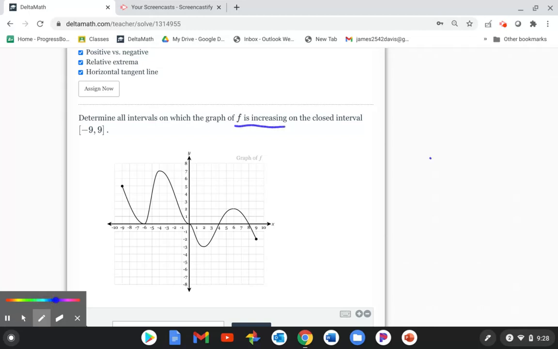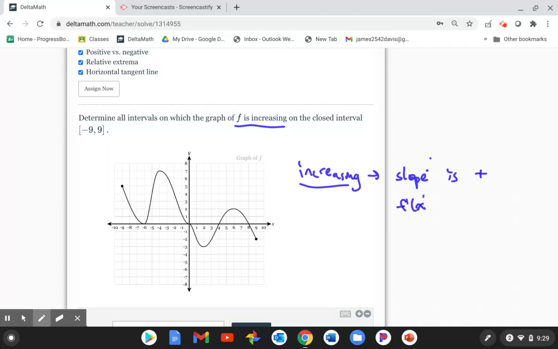So f is increasing. That means the slope is positive. And the implication in the future will be that the derivative is greater than 0, i.e. the derivative is positive.